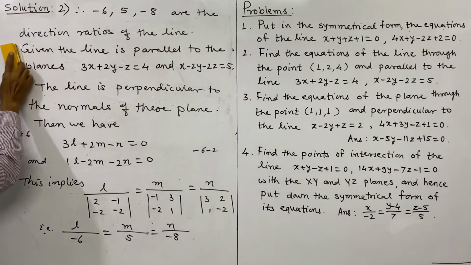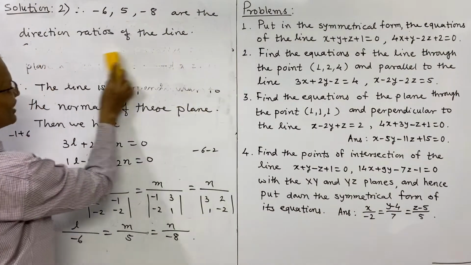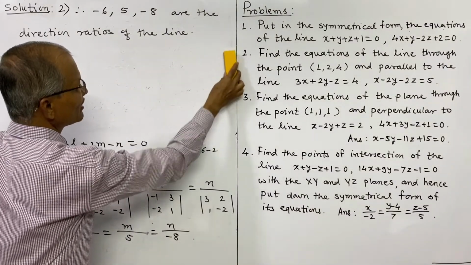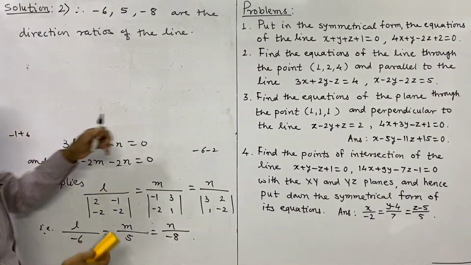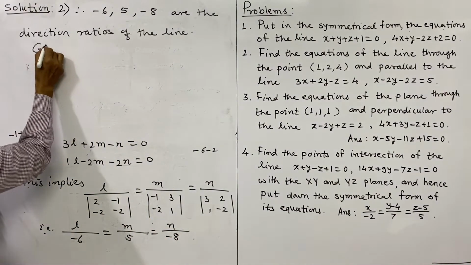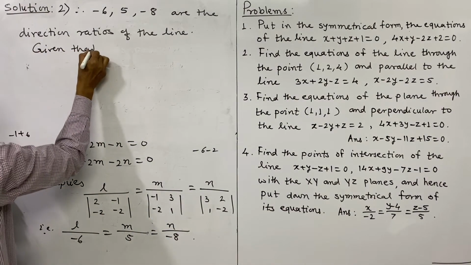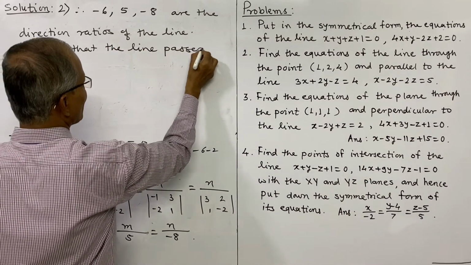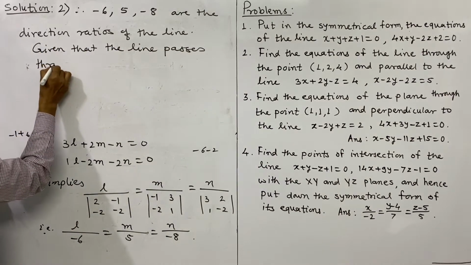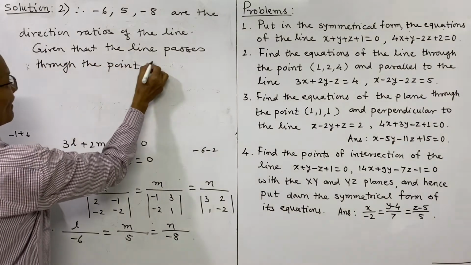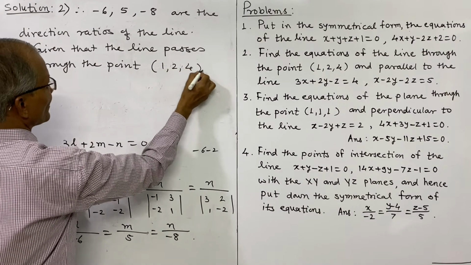Now the point is given, so here in this problem it is easier. Given that the line passes through the point (1, 2, 4).